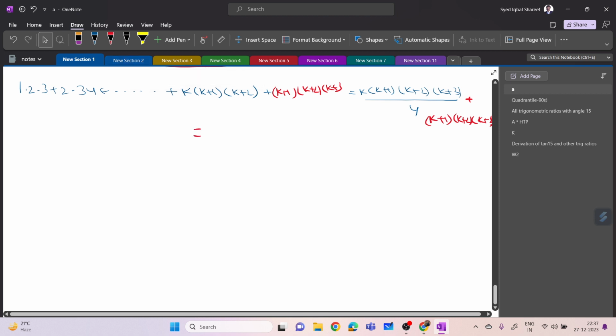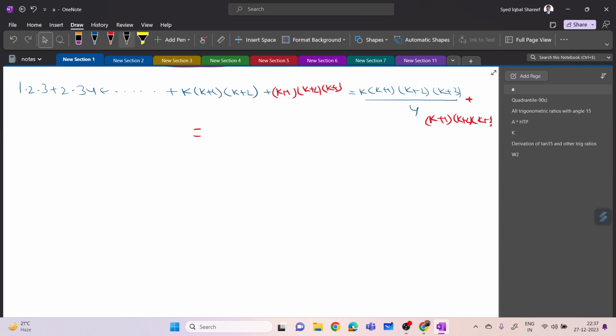Now this part, the blue part, first let me write down the blue part: k into k plus 1, k plus 2, k plus 3 by 4, plus the red part. The red part is k plus 1, k plus 2, k plus 3.